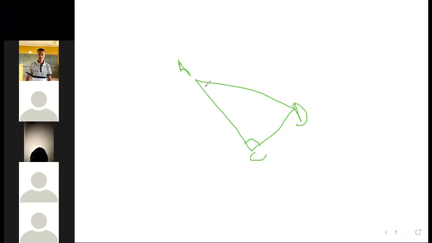We know this side, we just calculated it was 40, and this other side is 60. So which trig ratio can I use to find A?